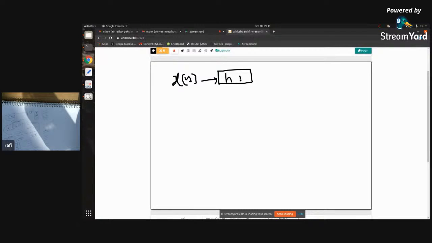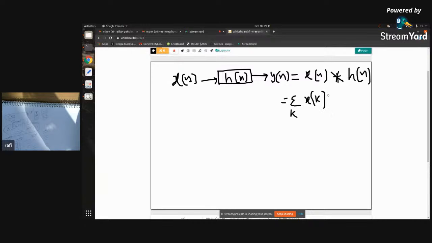Let h of n be the impulse response of this discrete time system, and y of n the output, which is the convolution of x of n and h of n. This is the same as, when you put in the convolution equation, x of k times h of n minus k, where k varies from minus infinity to infinity.